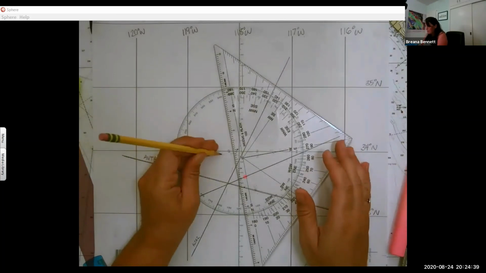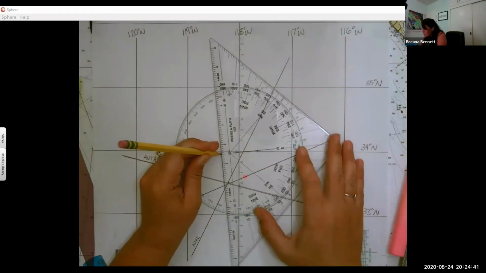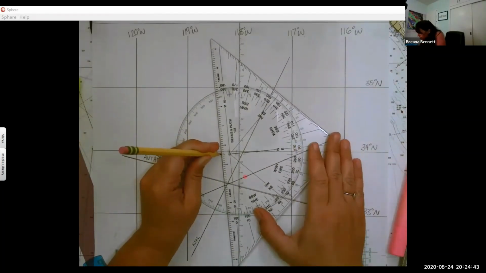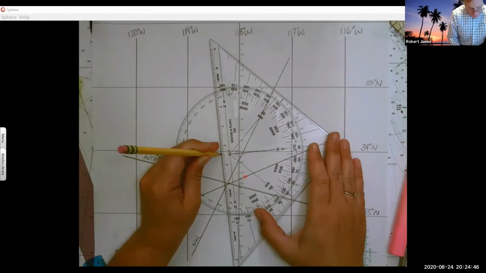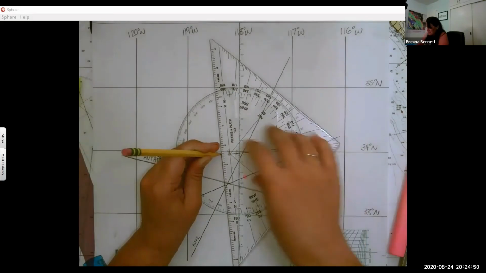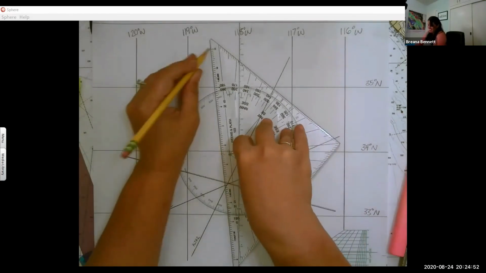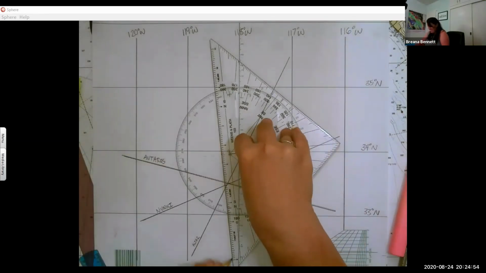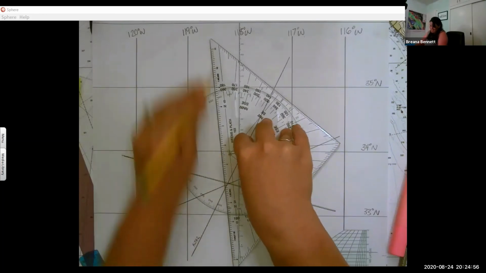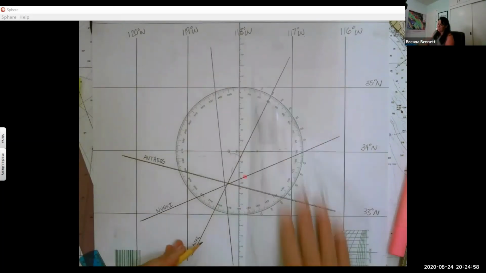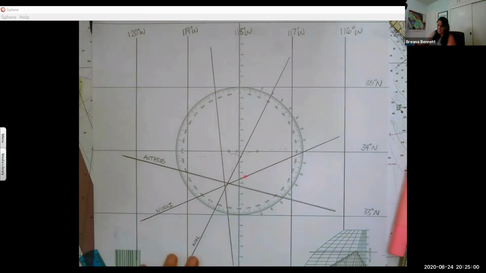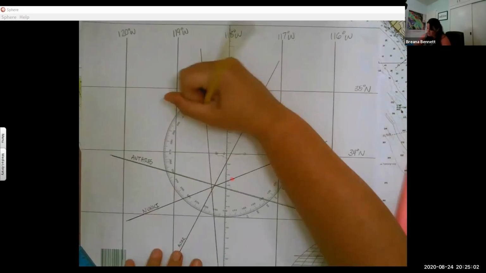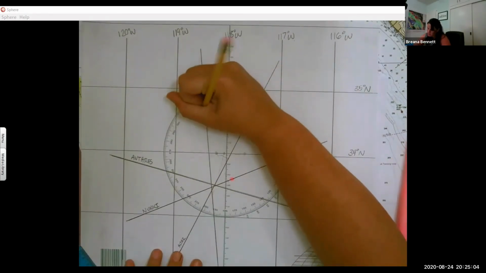We are really getting a pinwheel here. It's not in the right spot, but I know, this is not what's supposed to happen.